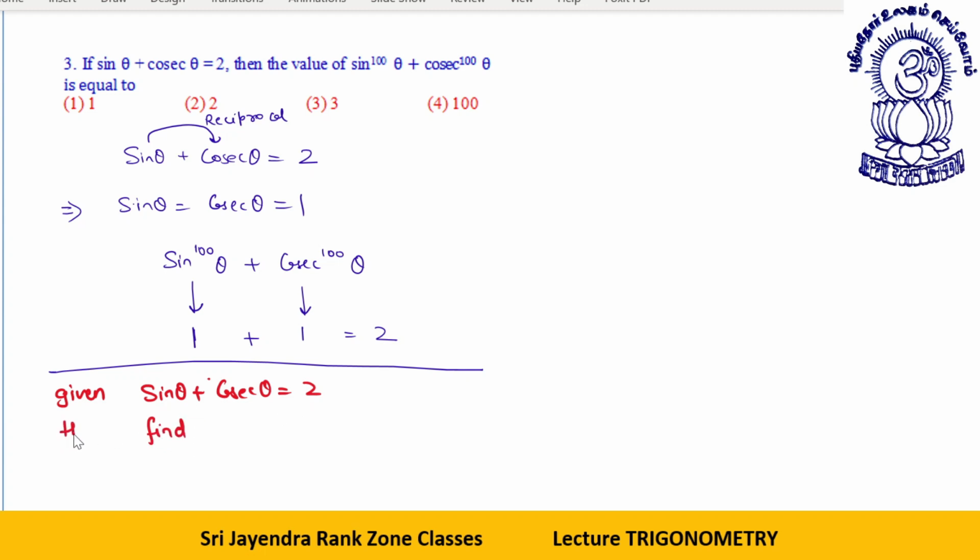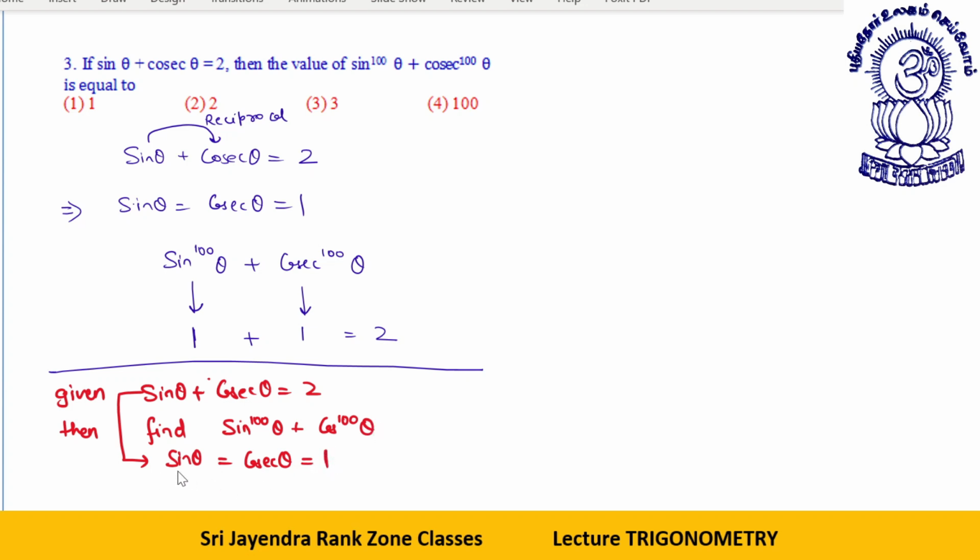Then find sine raised to power 100 theta plus cos raised to power 100 theta. The moment you see this thing, students, what you will say? You will say sine theta is equal to cos theta is equal to 1. Sorry, I'm very sorry. Sine theta is equal to cosec theta is equal to 1.